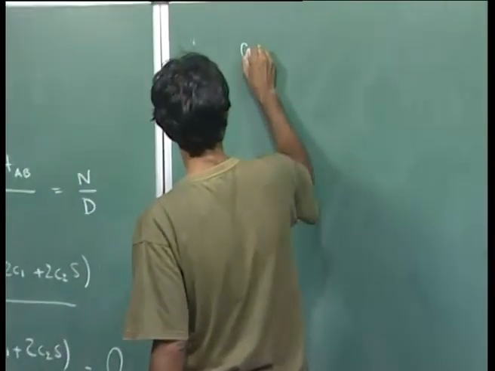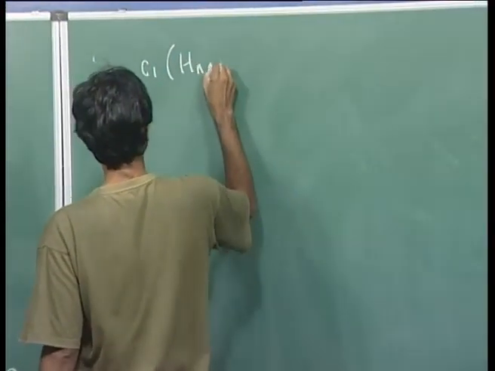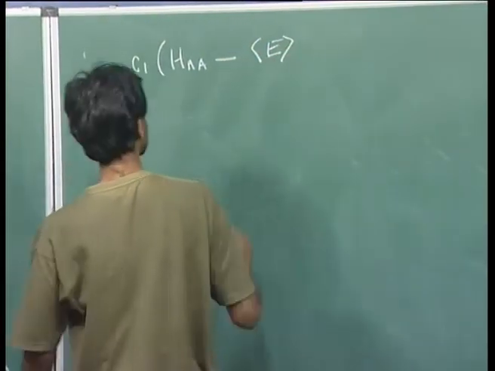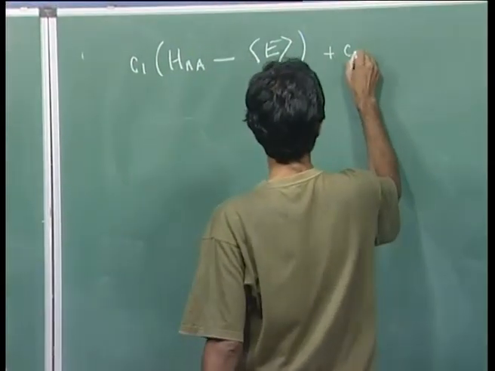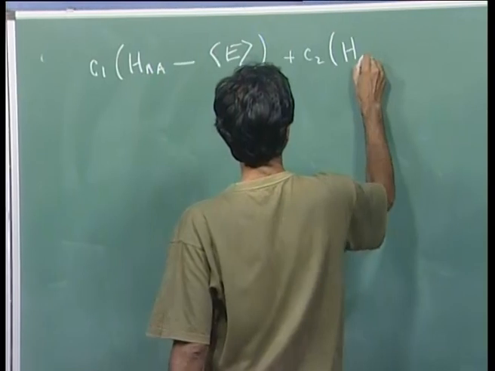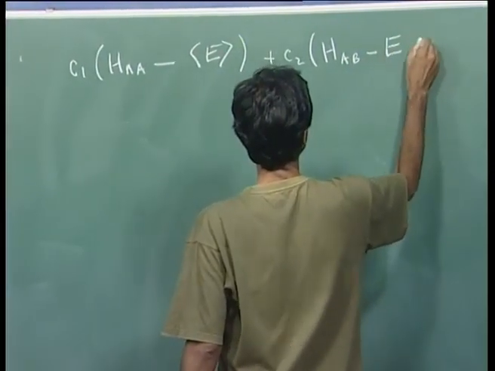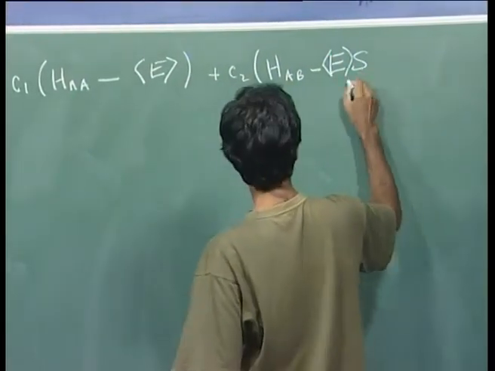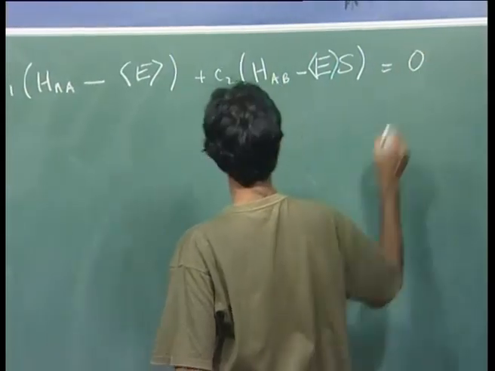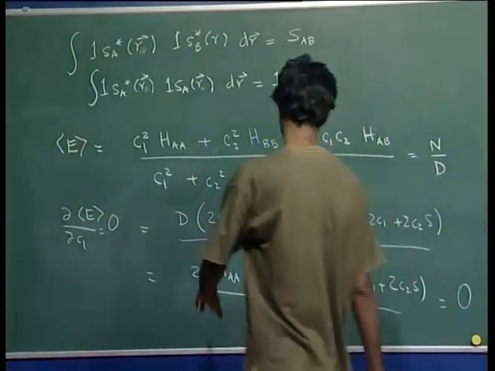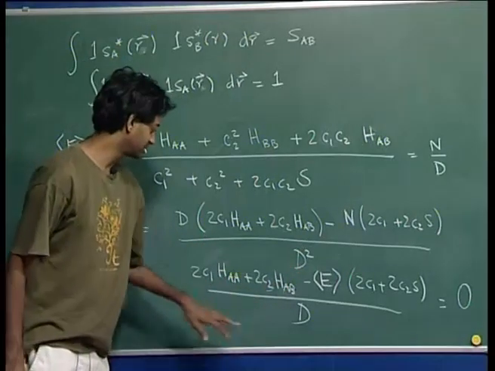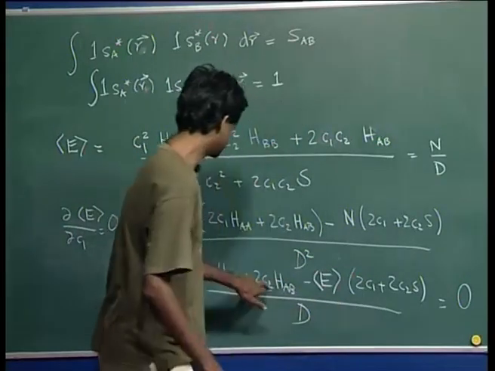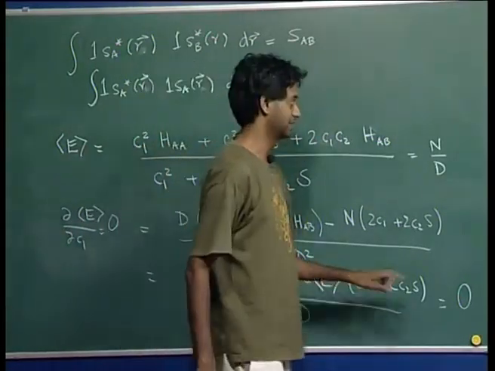I can write this as C1 times HAA minus E plus C2 times HAB minus E S equal to 0. I cancel the 2 and the denominator.